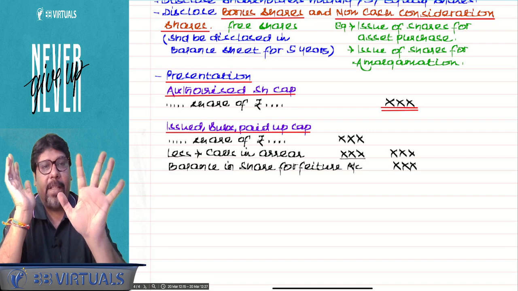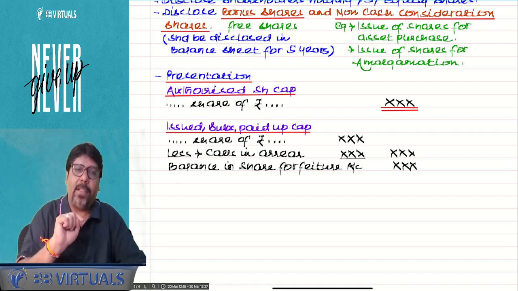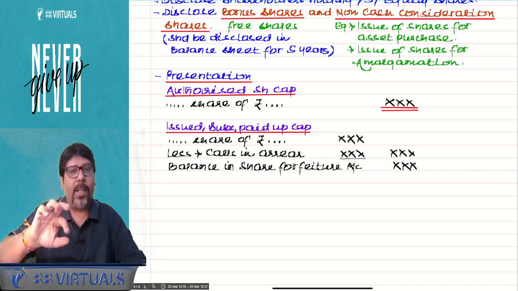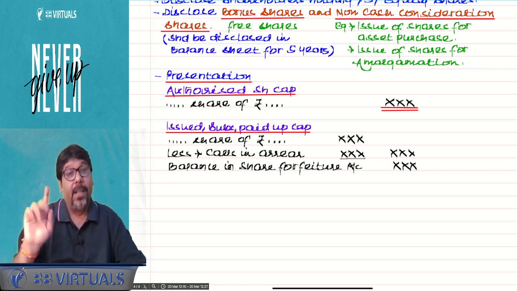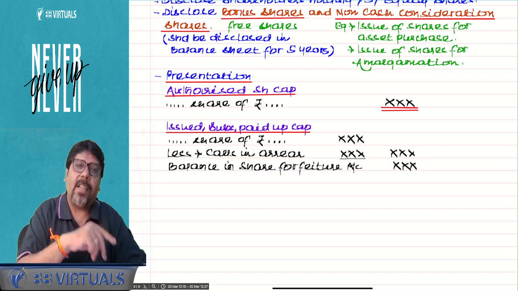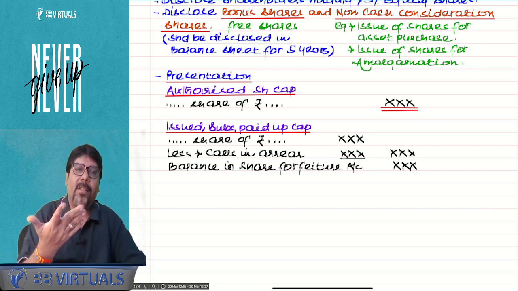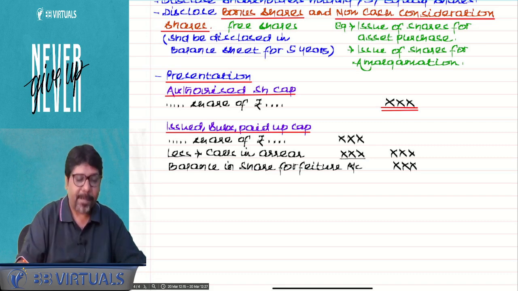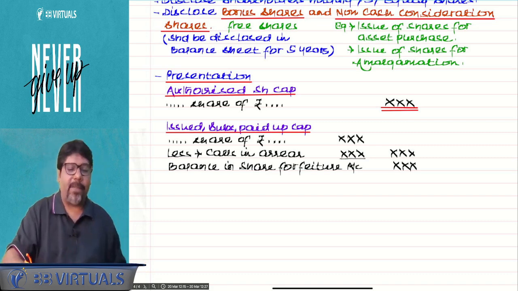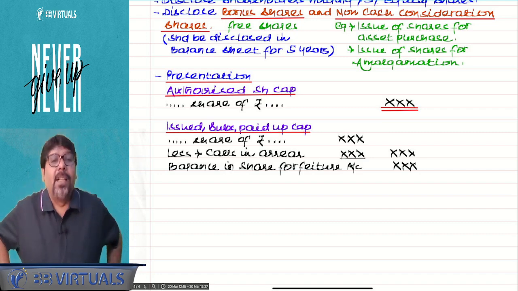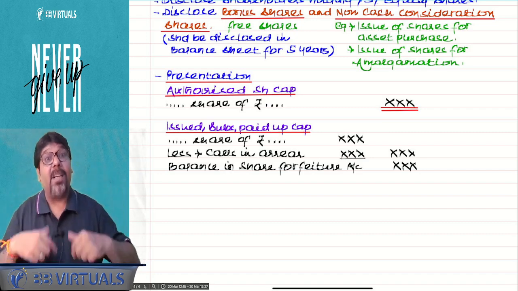Correct? So for 400 shares the share forfeiture is nullified. But for 100 shares the share forfeiture is left. So balance in share forfeiture means shares forfeited but not reissued.